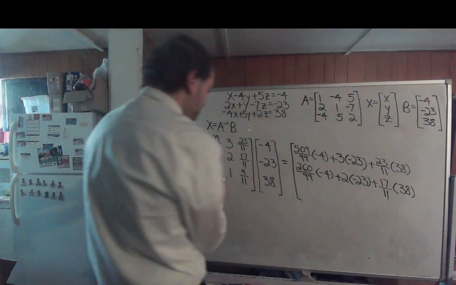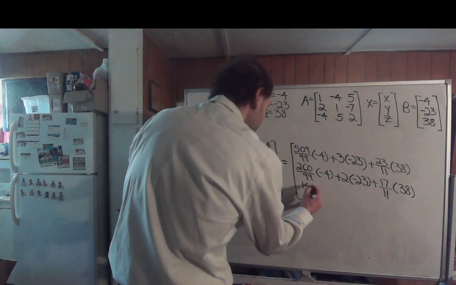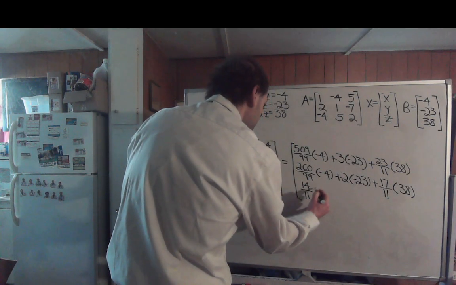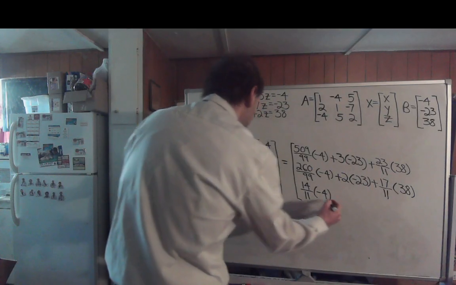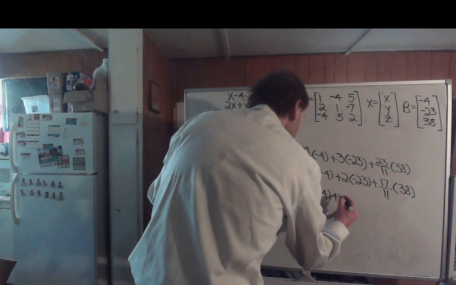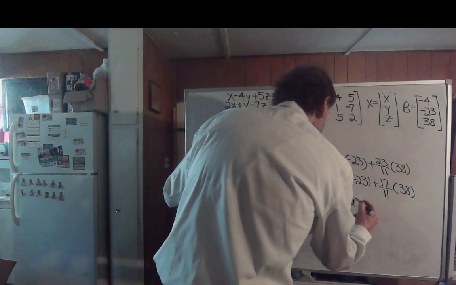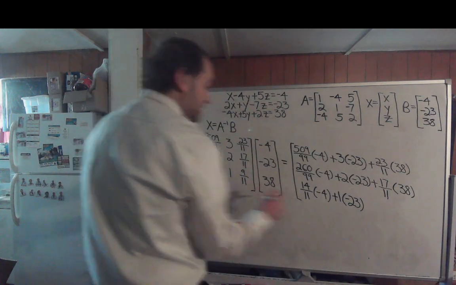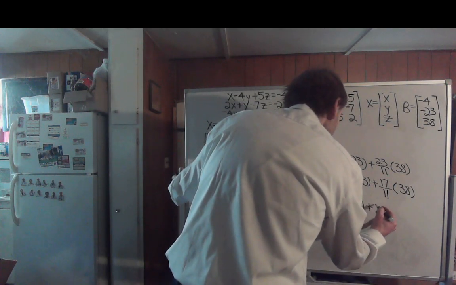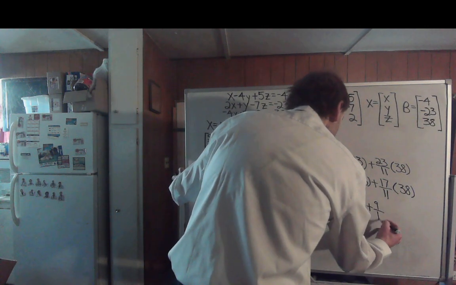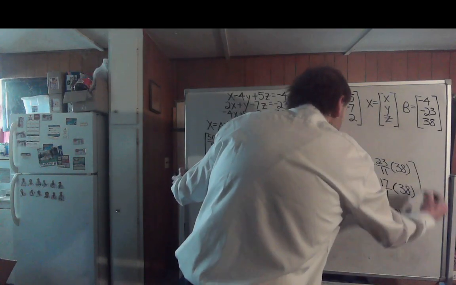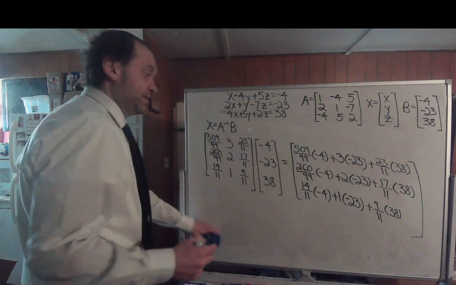Now you'll take 14/11 times your -4 plus 1 times -23 plus the 9/11 times your 38. So all this awful thing.